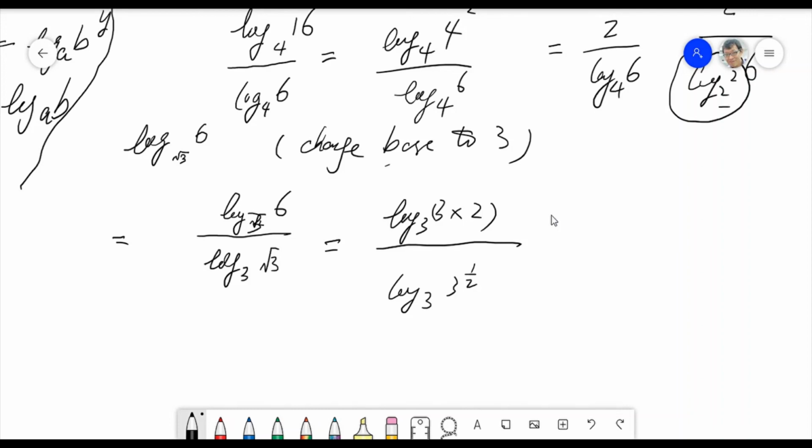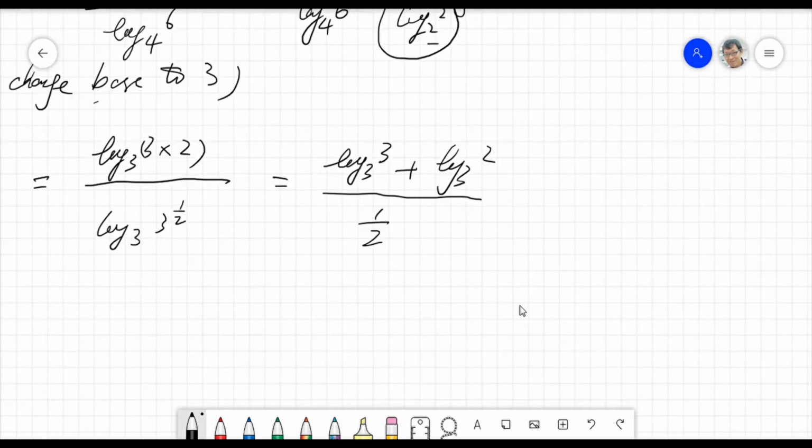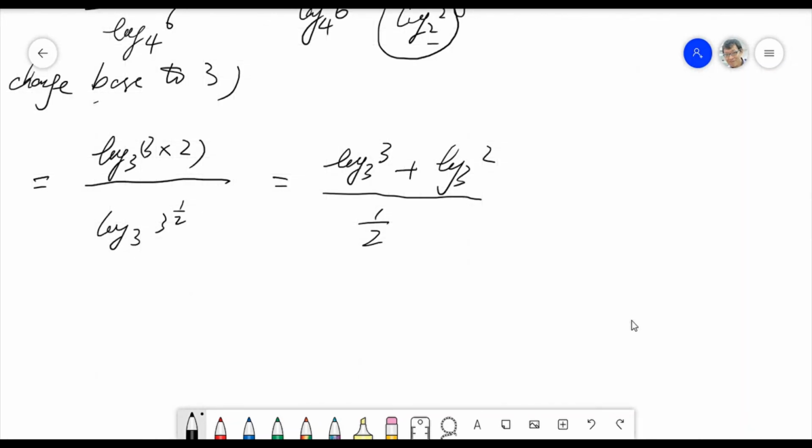So the denominator can be written as log base 3 of 3 plus log base 3 of 2. And the numerator will be written as 1/2. Okay, any further simplification?